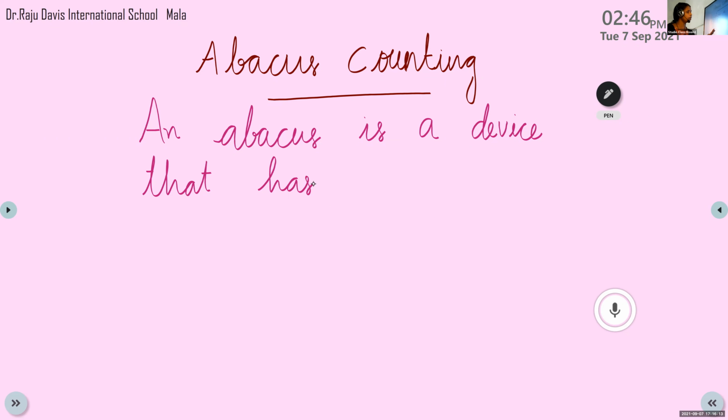What can you see on the abacus? Beads. Very good. Beads.